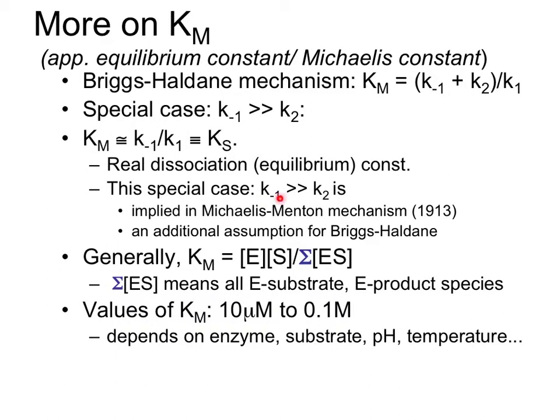This case, where k minus 1 is much greater than k2, is implied in the Michaelis-Menten mechanism, and it's an additional assumption for the Briggs-Haldane equation as shown here.